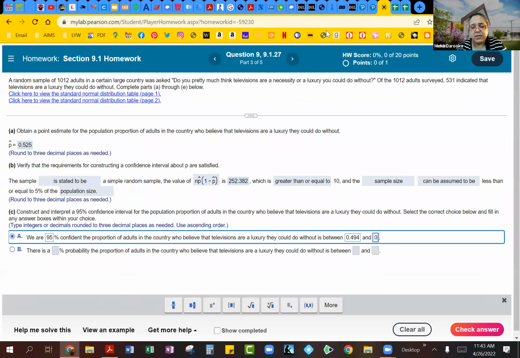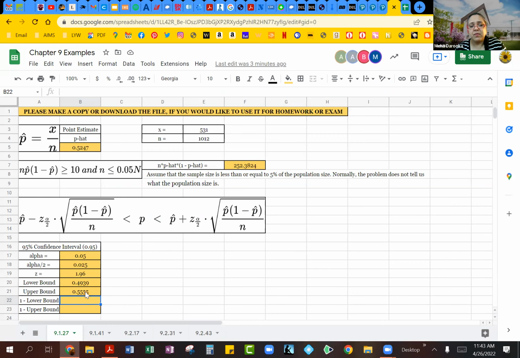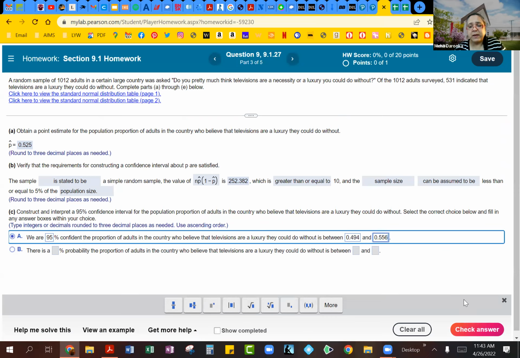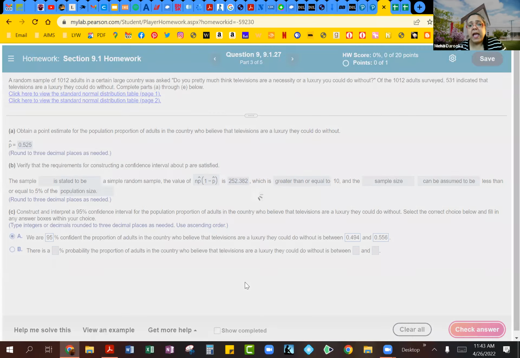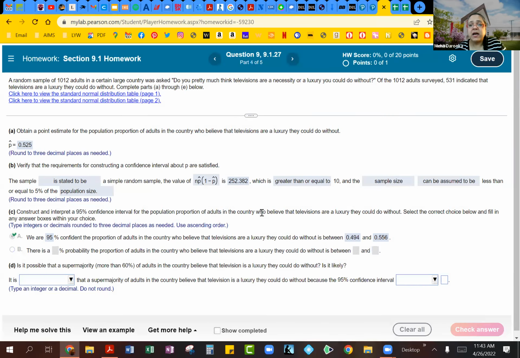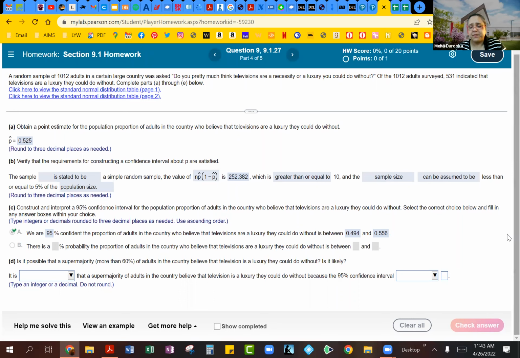And then this will be 0.55555, and the last 5 will make the 5 in the third position go up. So 0.556. And you will leave these as decimals, guys. Do not convert them to percentages, okay? Even though I'm talking about them as percents, our answers will remain in decimals.